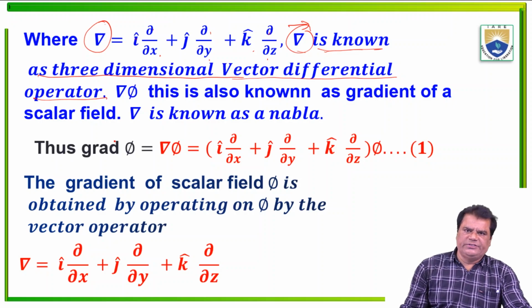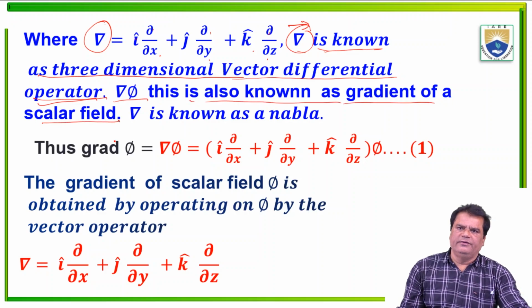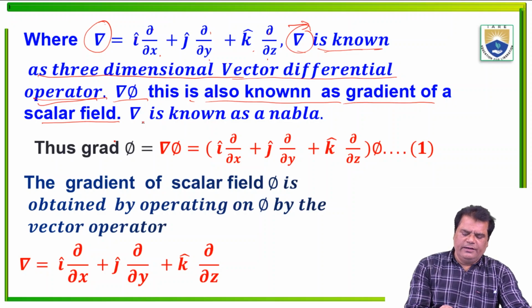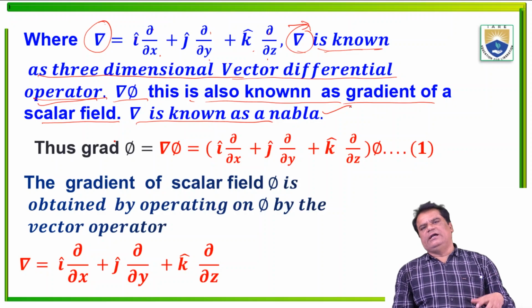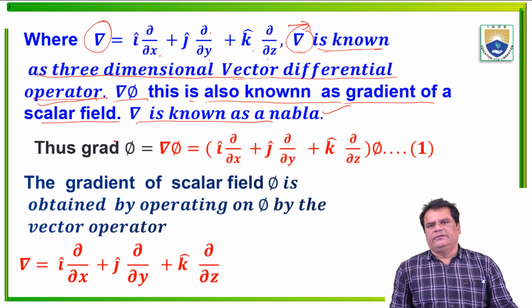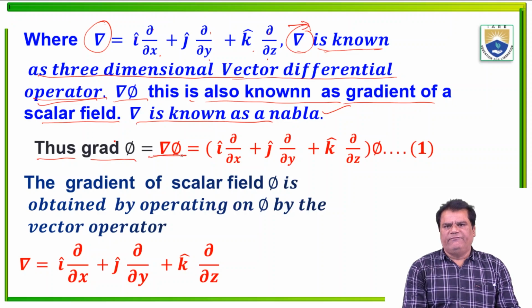Del phi is also known as the gradient of a scalar field. Del is known as nabla. So grad phi equals nabla phi.